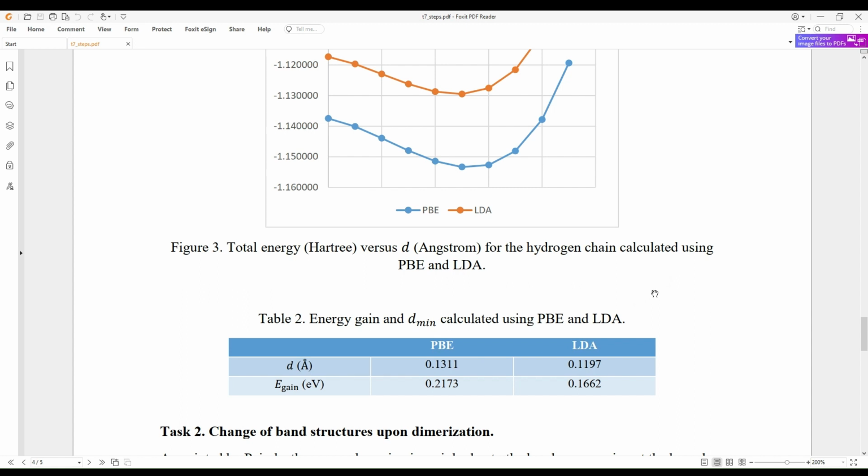So that's why caution should be paid in practice if you really want to study the Peierls transition of some system, because the dimerization and energy gain are sensitive to the exchange correlation functional you use in your calculation.